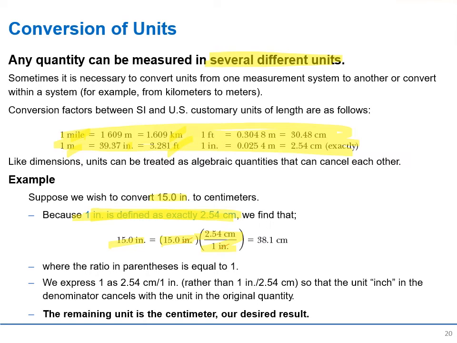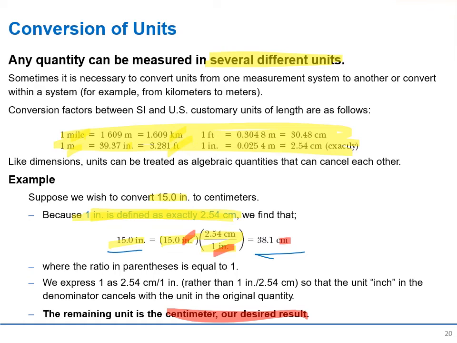So you will get 38.1 centimeter. Since the inch cancels, you are left with the unit only centimeters. So 15 inch equals 38.1 centimeter. Okay, so the remaining unit is the centimeter, and that is our desired result.